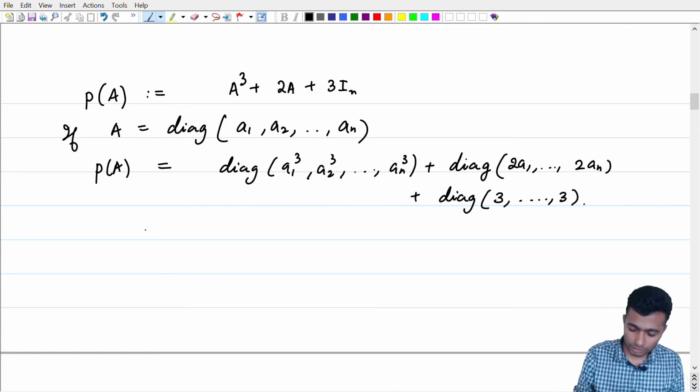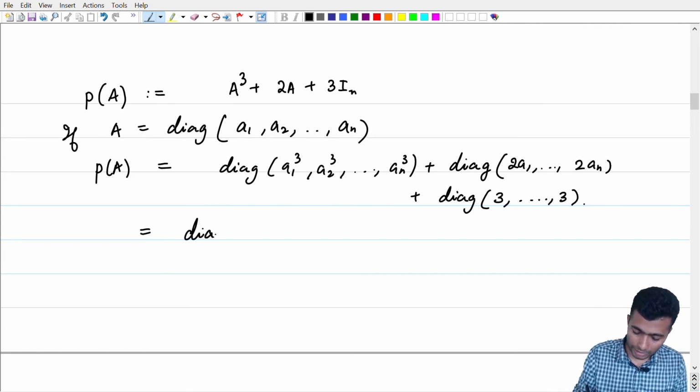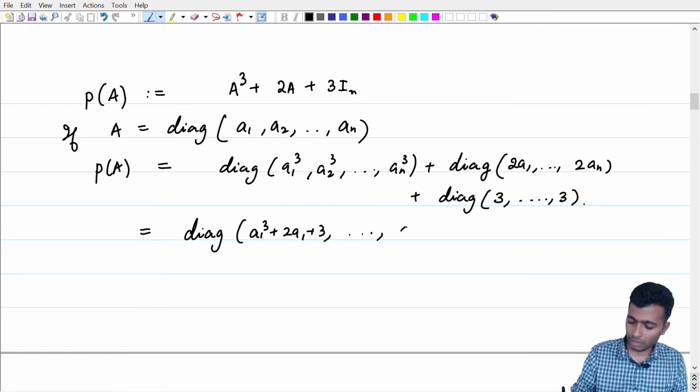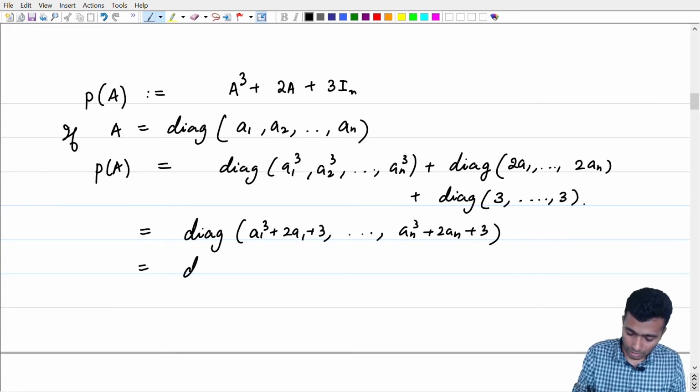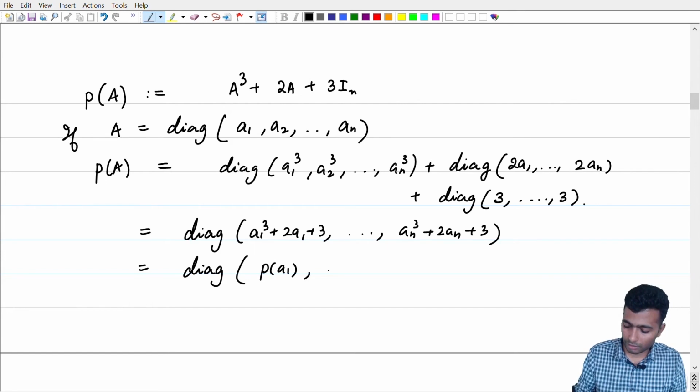And this is going to be diagonal of a1 cube plus 2a1 plus 3, up to an cube plus 2an plus 3, by whatever we have just seen, and this is precisely diagonal of p of a1 up to p of an.